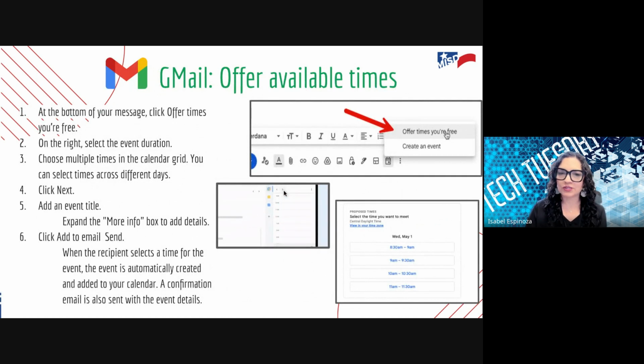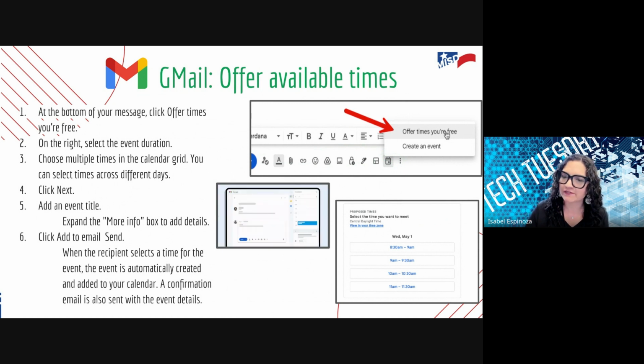Now this last one is very, very neat. When you compose an email, at the bottom of your message you have all these options that you see right here. When you click on the little calendar, you get 2 options: offer times that you're free, or create an event.